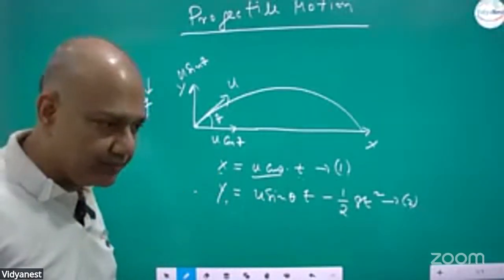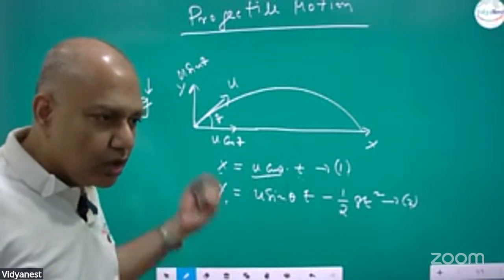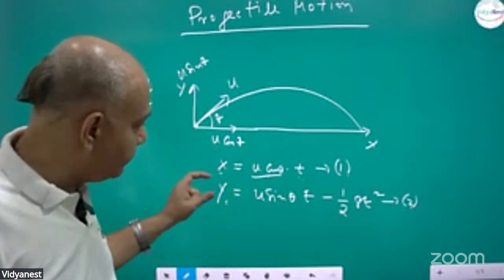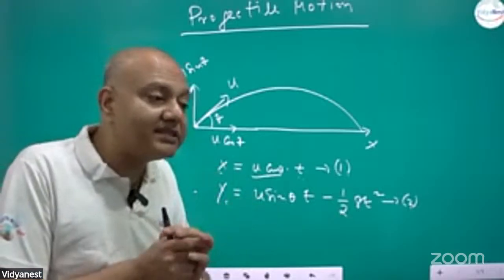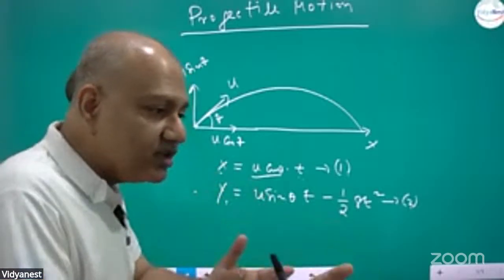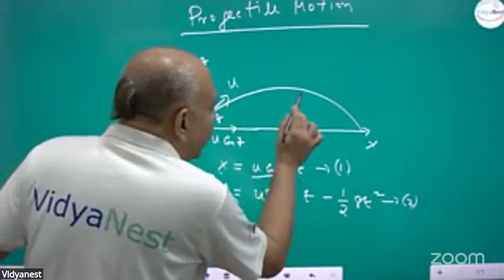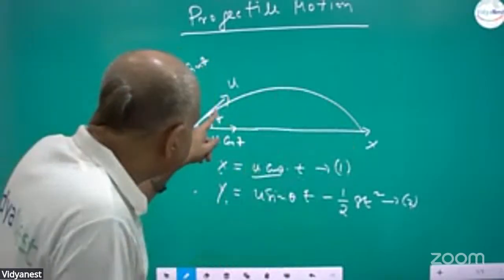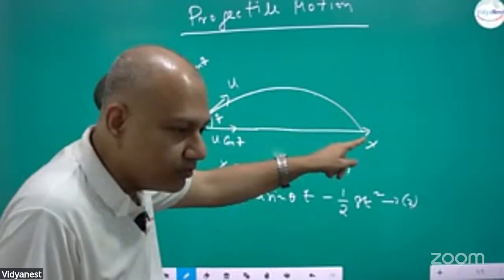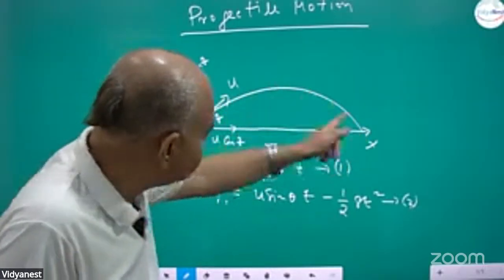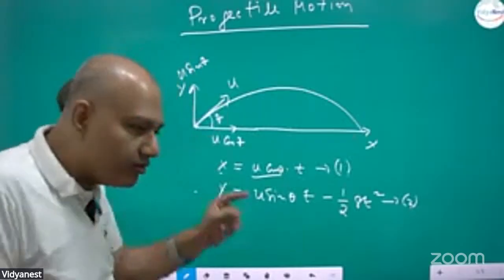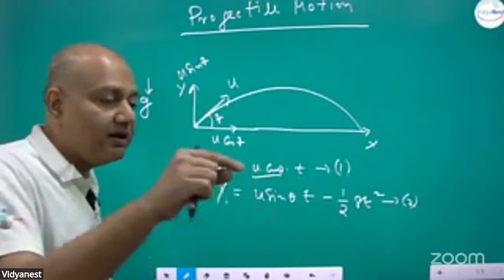So we want to make a relation between x and y. If I am able to make a relation between x and y, that will be the equation of this track, the track through which the particle is moving whenever we project it. We want to find the equation of the track, the trajectory.